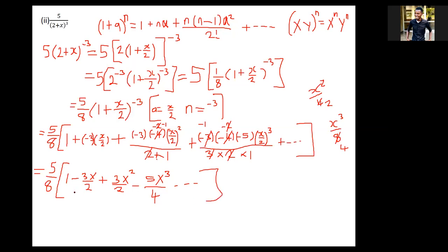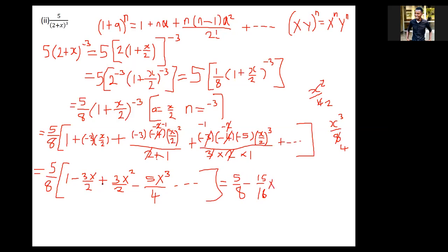And then here it's just a matter of multiplying throughout. When you multiply, you have 5 over 8 times 1, you get your 5 over 8. And then 5 over 8 times this, you get your 15 over 16. So this will be minus 15 over 16, and then x.